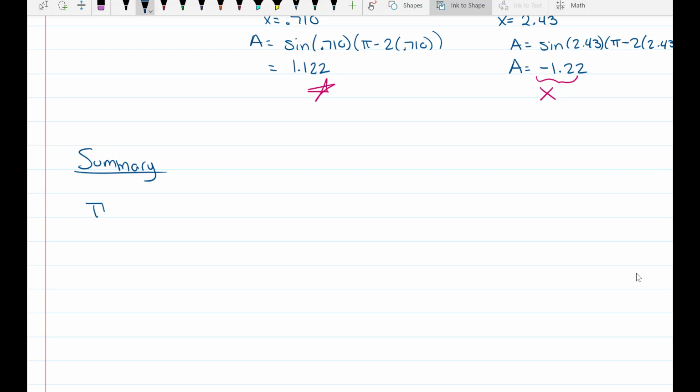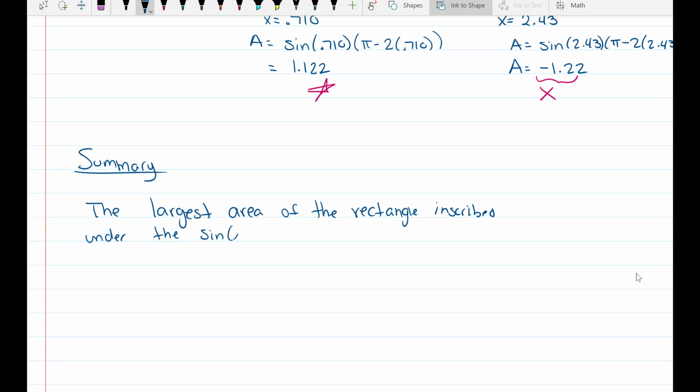The largest area of the rectangle inscribed under the sine curve is 1.122 units squared.